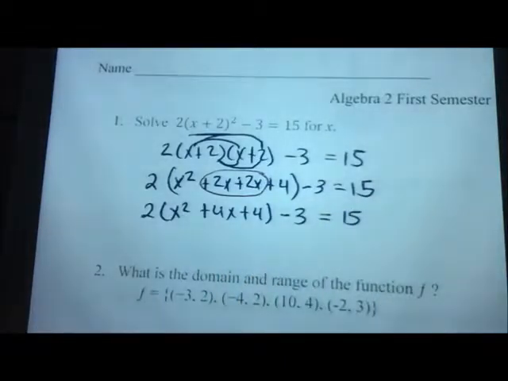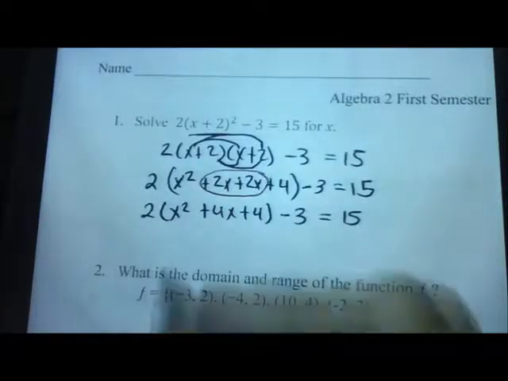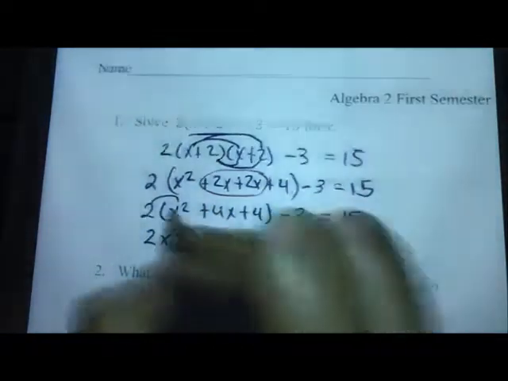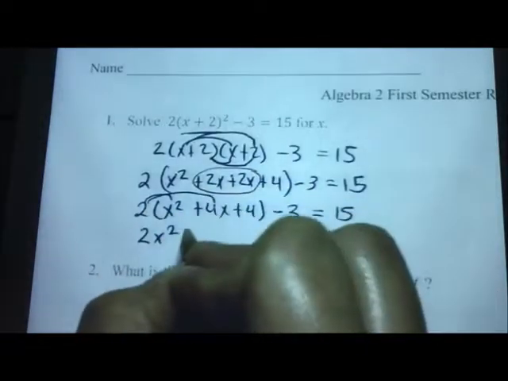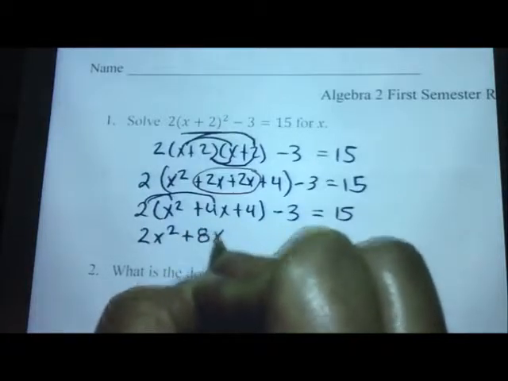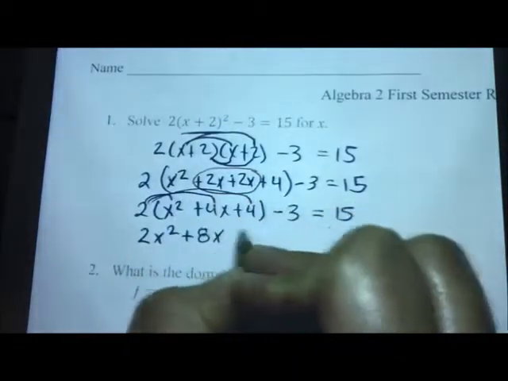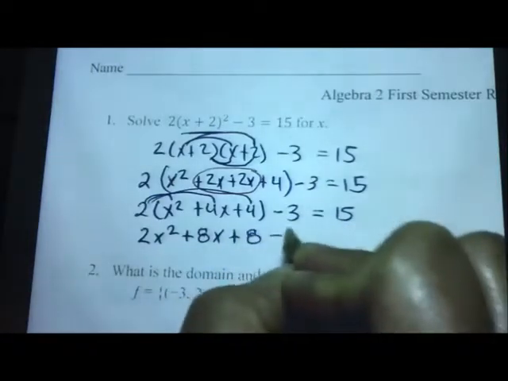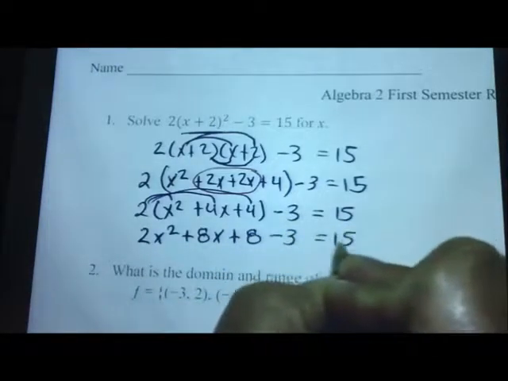So the 2 in front of the parentheses, we're going to have to take care of it by multiplying. So we do 2 times x squared, which is 2x squared. 2 times 4x, which is 8x, and 2 times 4, which is 8. You still have the -3 equals to 15.